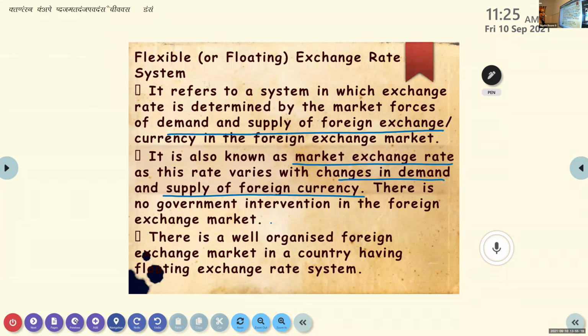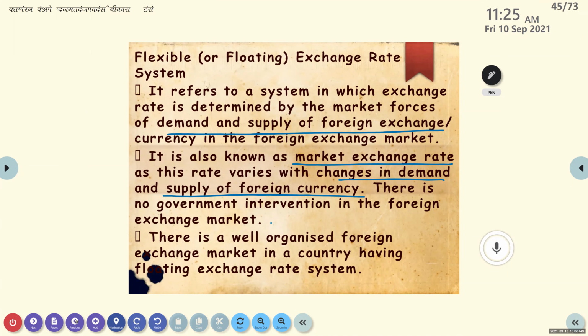Amalraj, what are the two types of exchange rate? Two types of exchange rates. I told you just now. Ashish, did you hear what I said?